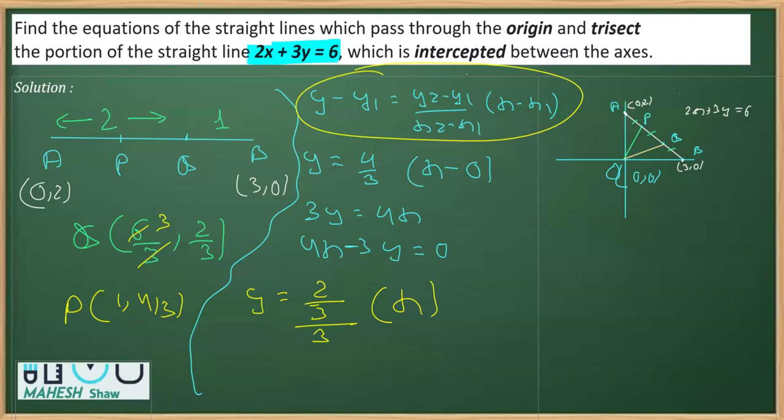So now what we can do, I can write this as 2 over 3 divided by 3, which is the same as multiplying with the reciprocal. So what we are going to get here, y is equal to 2 over 9 times x.